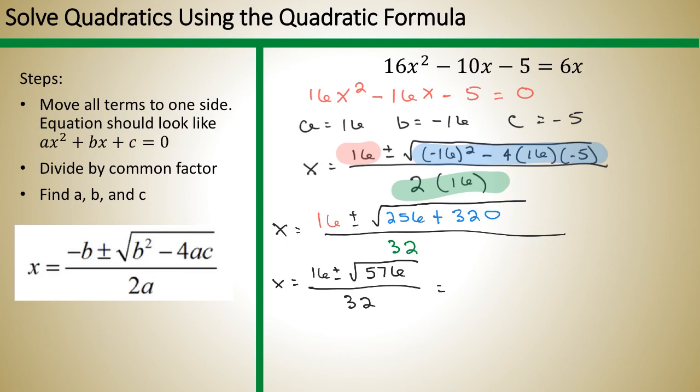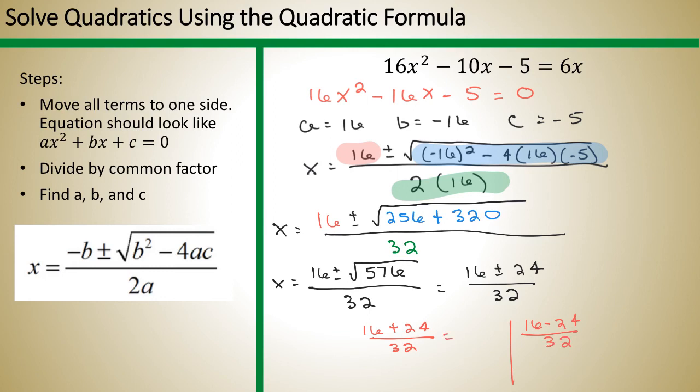So we have 16 plus or minus 24 over 32. So we have these 2 different expressions, 16 plus 24 over 32. We also have 16 minus 24 over 32.